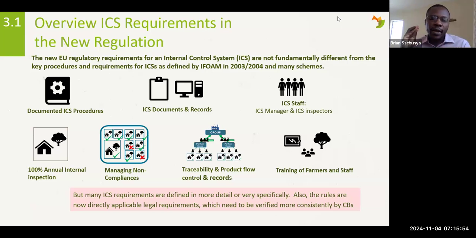For example, there are clear procedures that we should have in our ICS, ICS documents and records that we should keep.